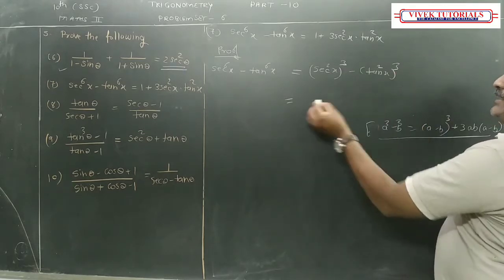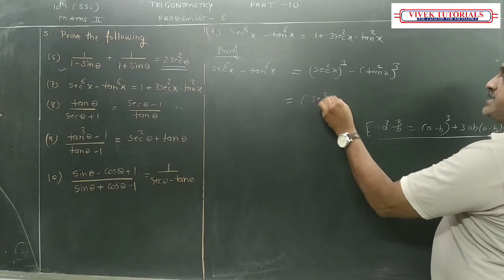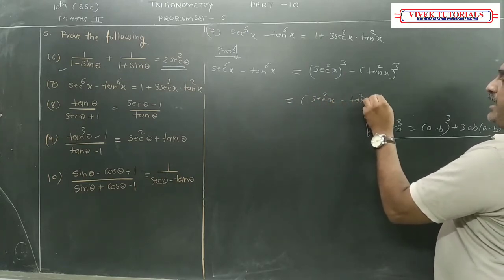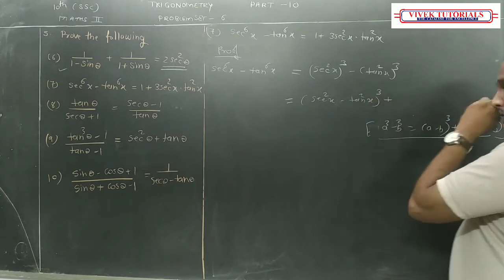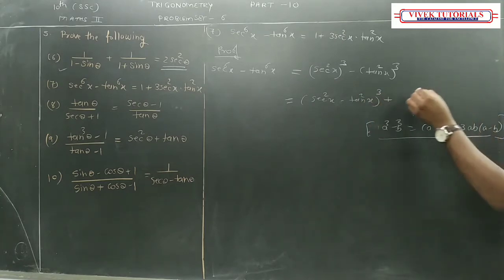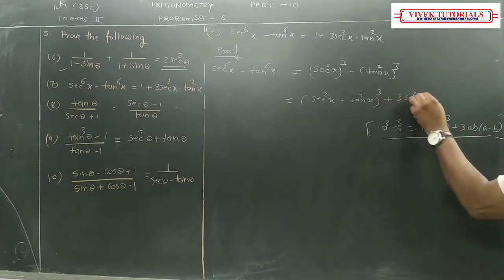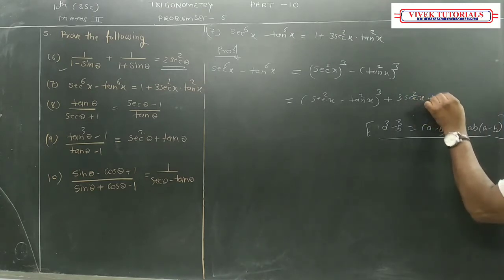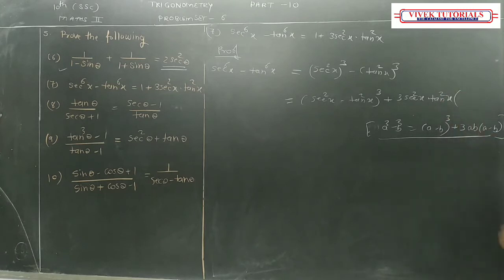So first of all it is (sec square x minus tan square x) the whole cube plus 3 sec square x into tan square x in bracket (sec square x minus tan square x).